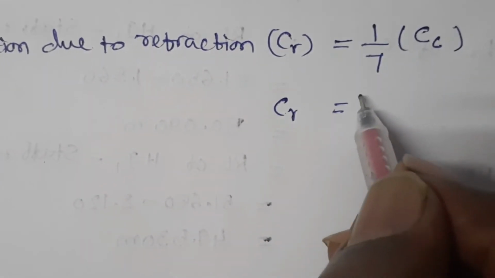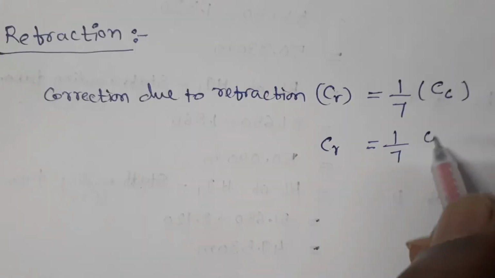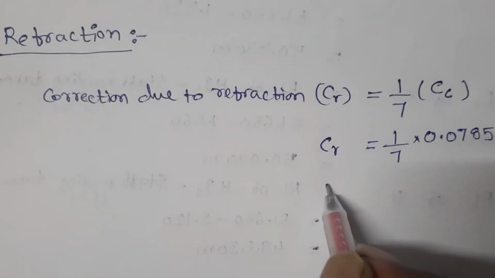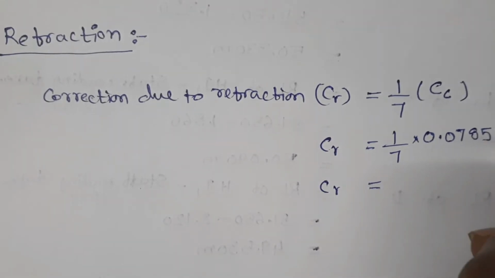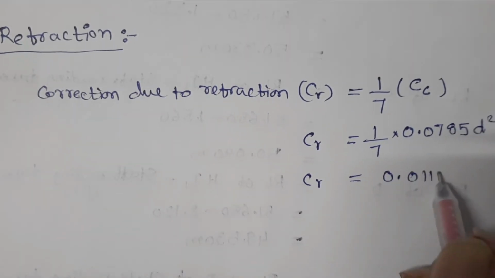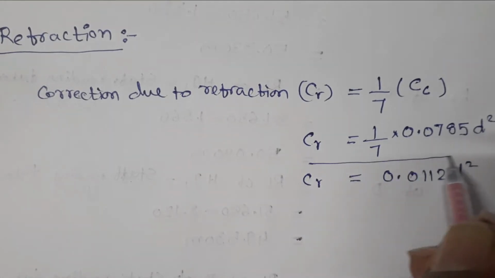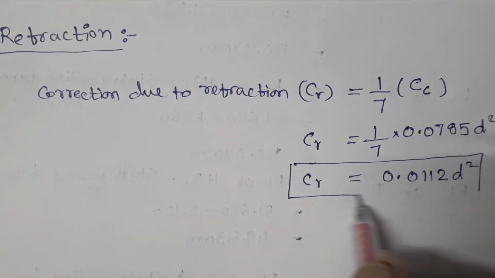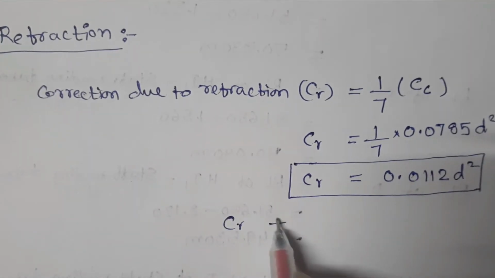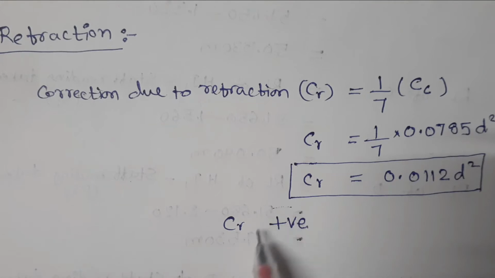CR is equal to 1/7 of 0.0785, which is equal to 0.0112 D square. And correction due to refraction is positive. When you observe a staff reading, you have to add this correction to get the true staff reading.